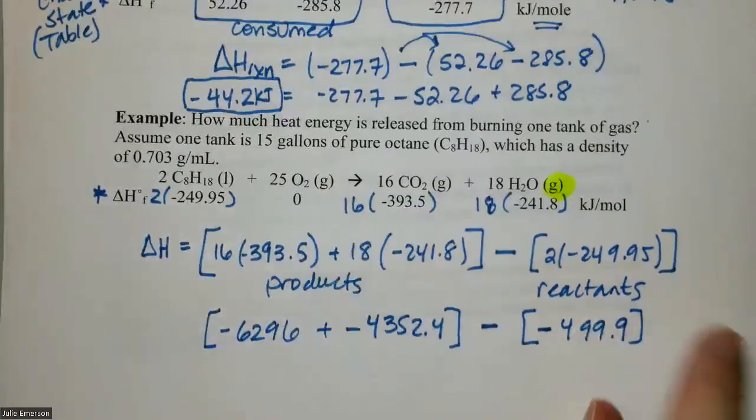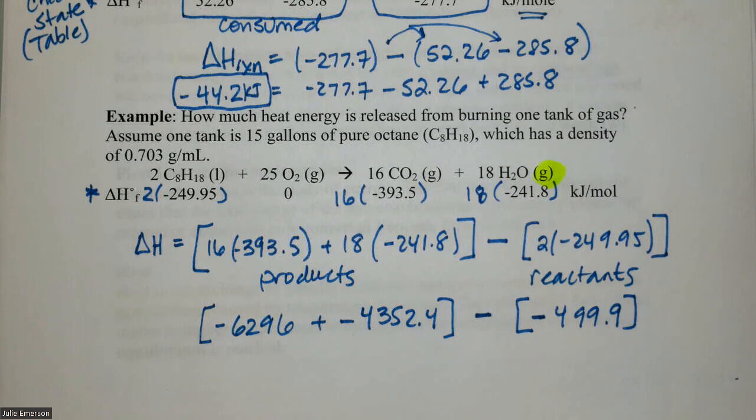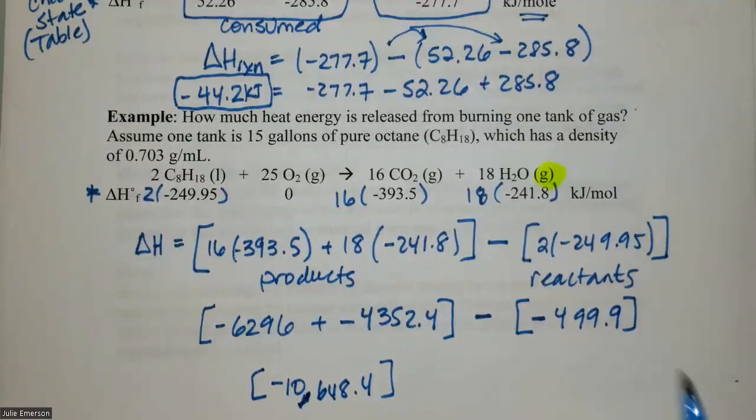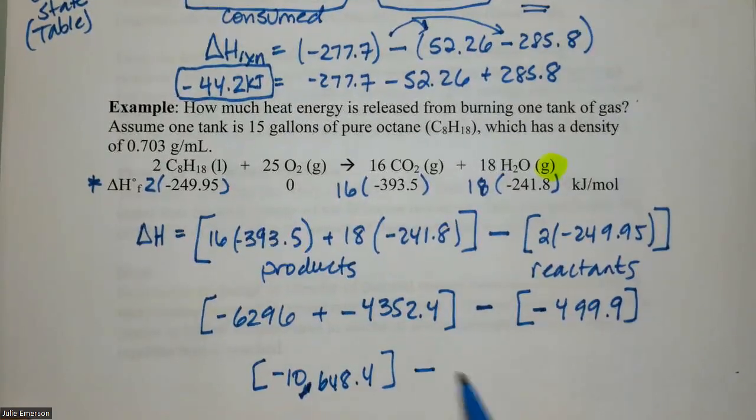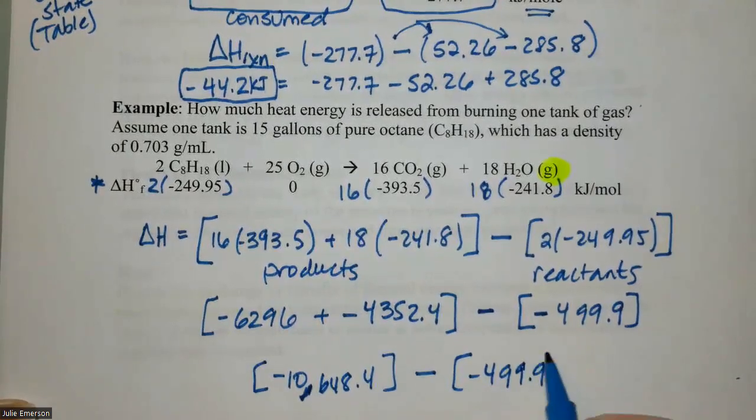All right, so in the first parentheses, I'm going to take the 6296 and the 4352.4, both negative, add those together. So this becomes negative 10,648.4, minus negative 499.9.